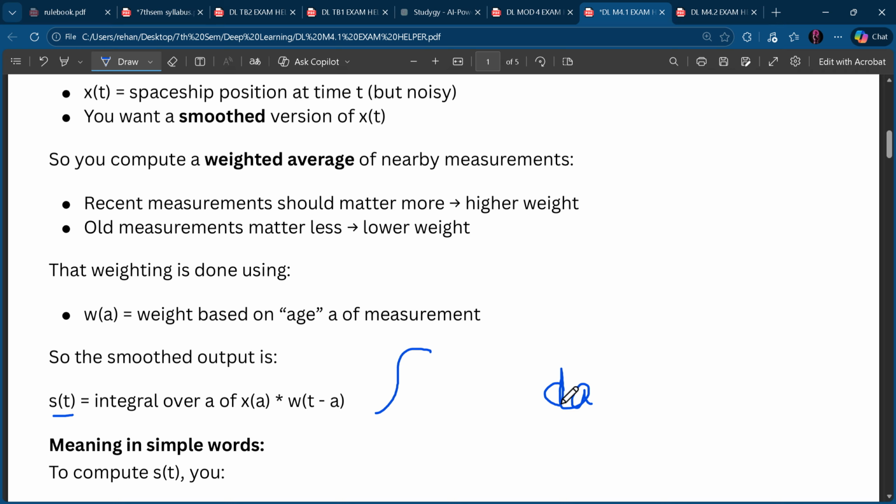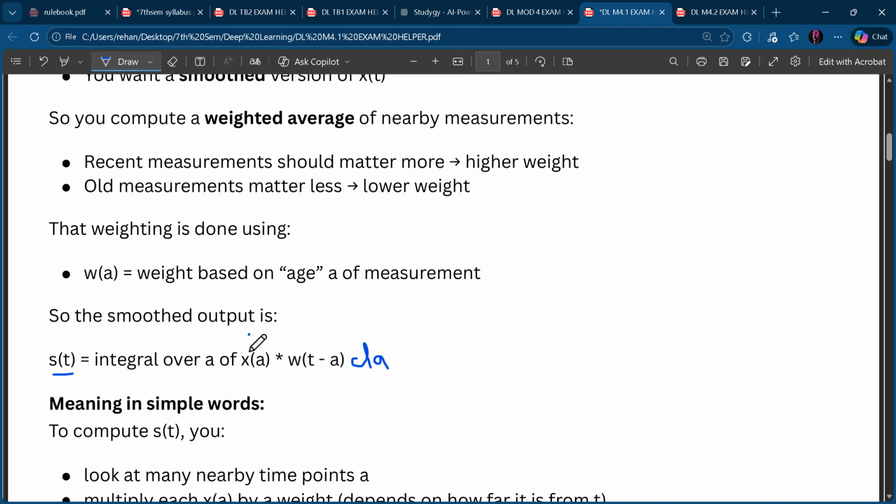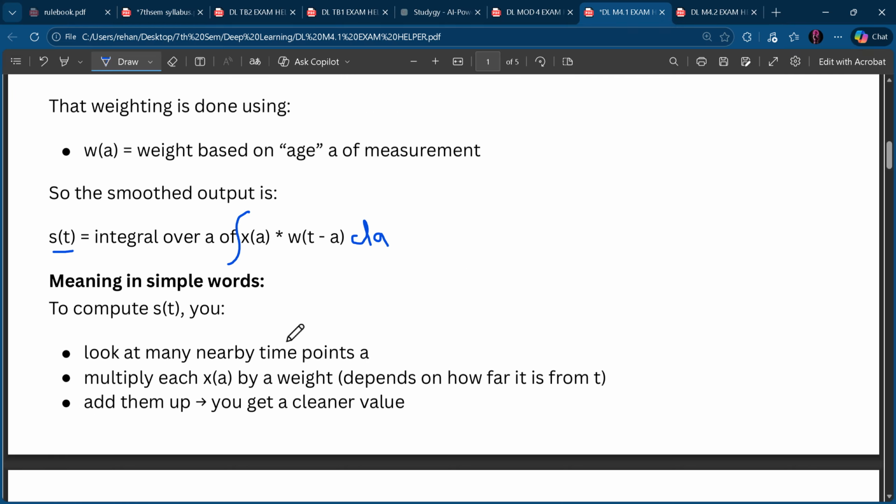In the integral you have to mention da at the end. So it's x(a) times w(t minus a) da.